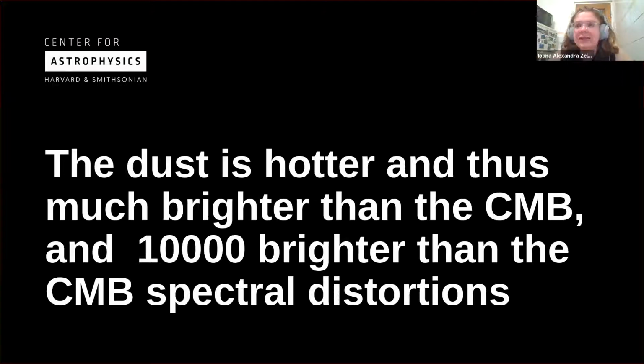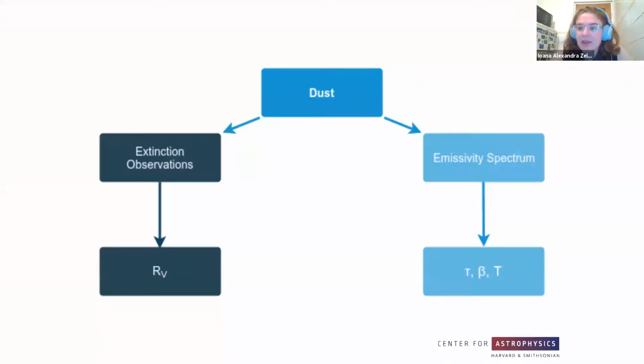So in the long term, this is a very important tool that we can use to get at these processes if we're able to characterize these spectral distortions. But unfortunately, they are 10,000 times smaller than the CMB, and the CMB itself is much more than the foregrounds. So this becomes a very challenging measurement, where you have to extract this tiny signal that's 8 orders of magnitude smaller than the other radiation that you're already having in your detector.